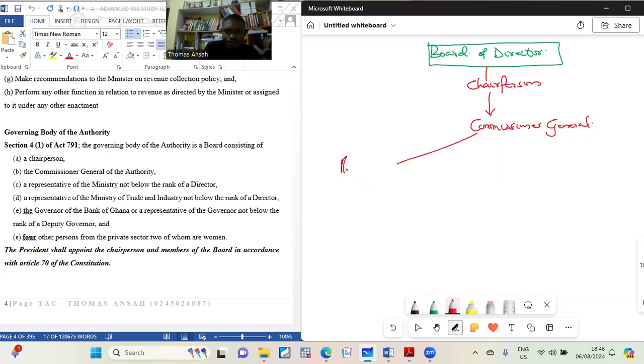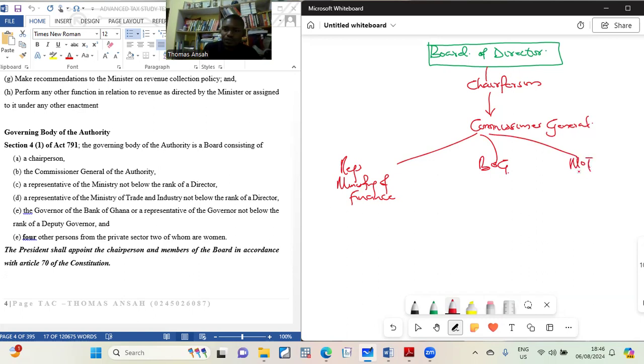We have a rep from the Ministry of Finance, then a rep from Bank of Ghana, and a rep from Ministry of Trade and Industry.